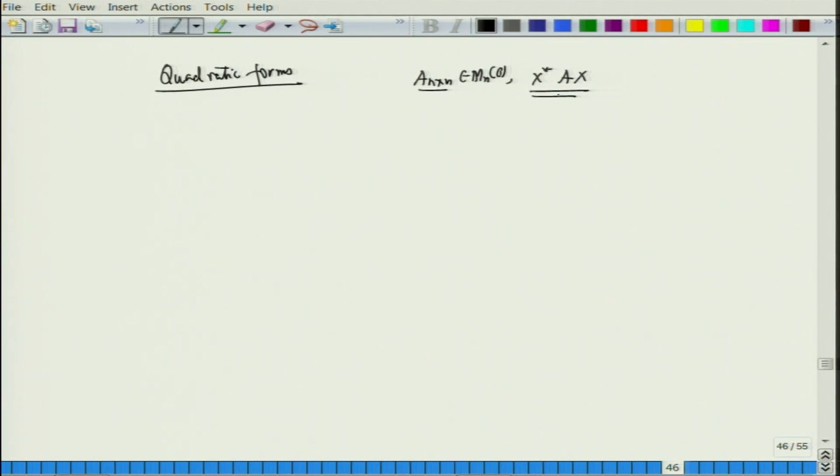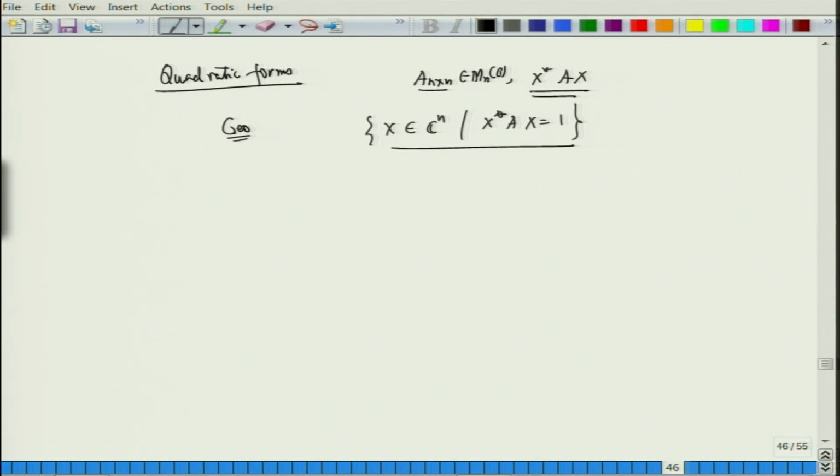Geometrically, if I want to understand, I am looking at all x belonging to Cn so that x star Ax is equal to 1. I want to plot the curve, to understand what this object is.